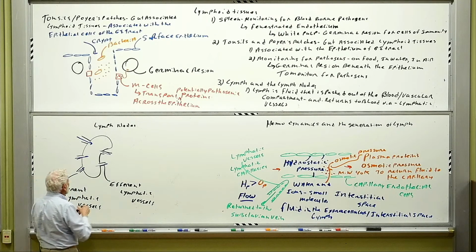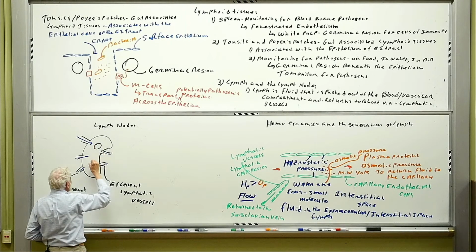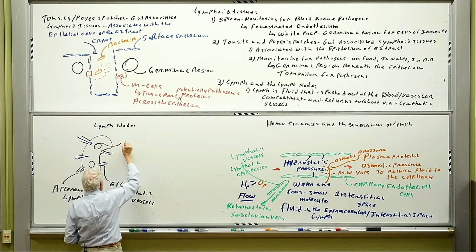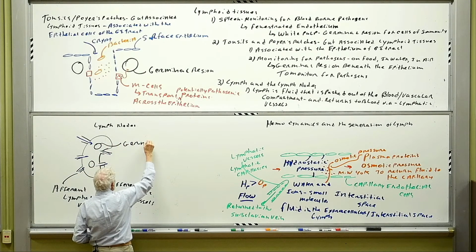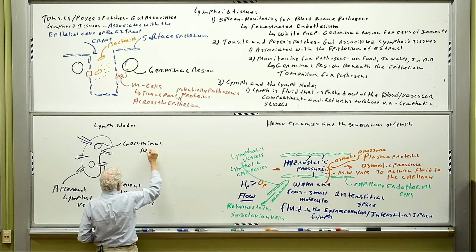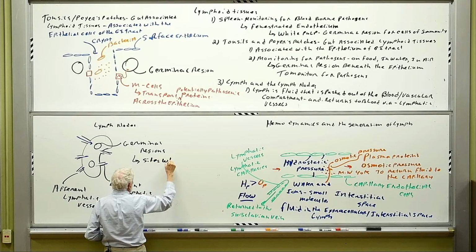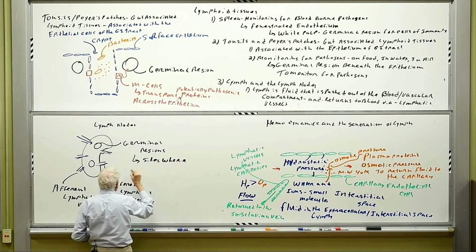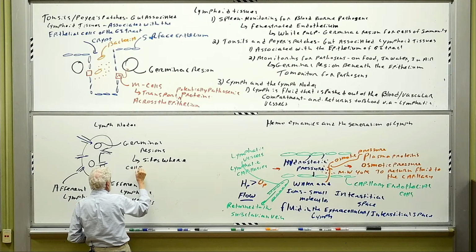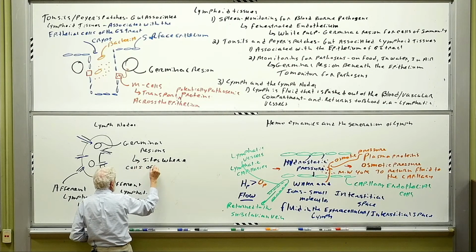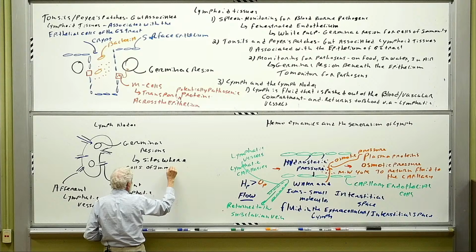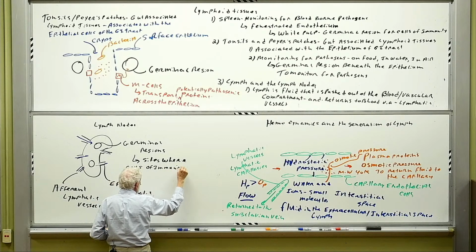There are going to be within the lymph nodes these structures called the germinal regions. And again, the germinal regions are sites where cells of the immune system cluster.